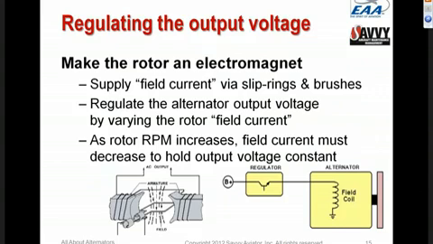Now the second problem we have is regulating the output voltage, so that the alternator will put out a pretty constant voltage even when we change the RPM that we turn the rotor at. And the way we accomplish that is to have the rotor not be a permanent magnet, but to be an electromagnet.